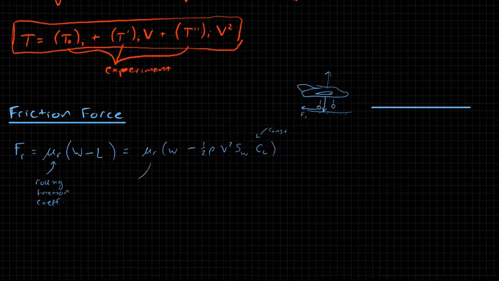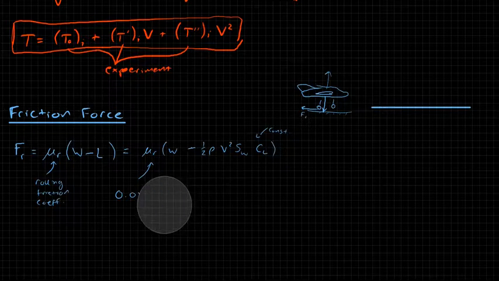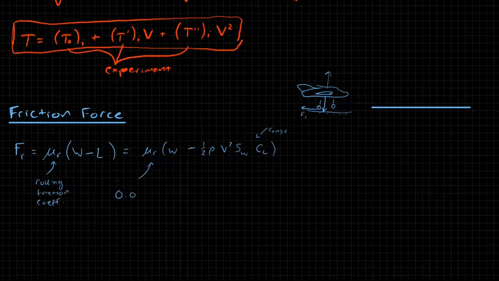Now just a note about our coefficient of rolling friction. It generally ranges from about 0.01 for a nice paved surface to 0.04. Usually it ranges from about 0.04 for a nice smooth surface to 0.1 for a grass landing field.